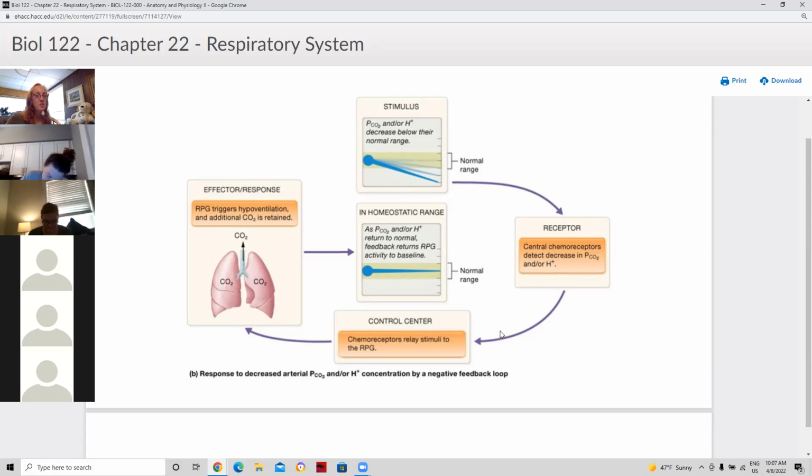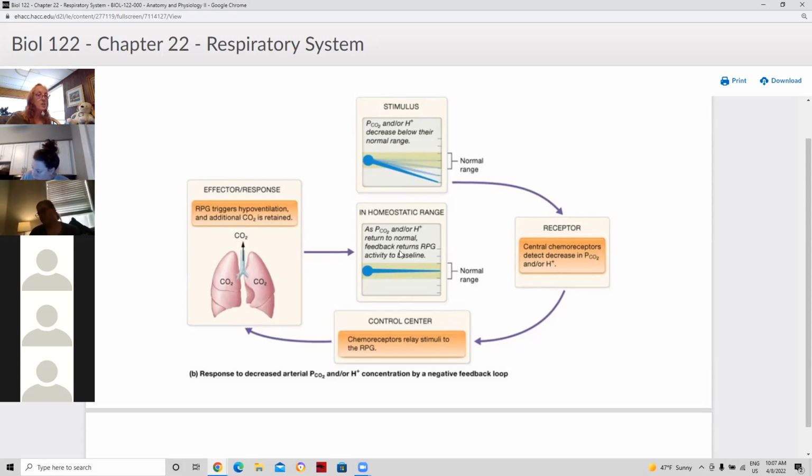And the chemoreceptors relay this signal to the respiratory pattern generators. And they trigger hypoventilation, so you're breathing less, resulting in more carbon dioxide being saved up, accumulating in the body.